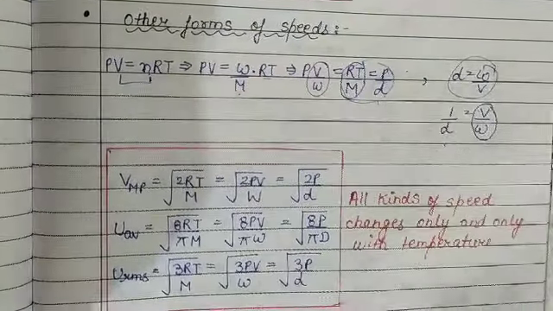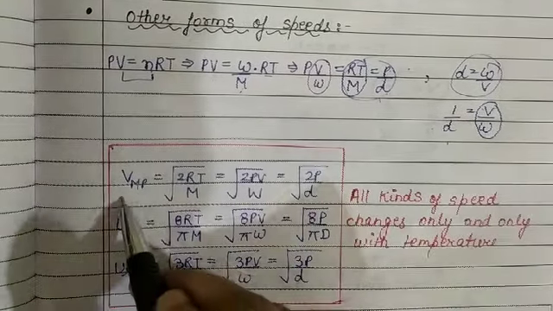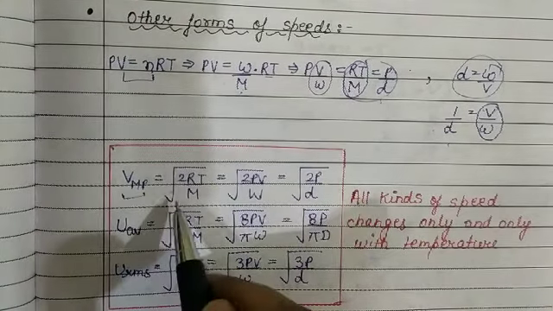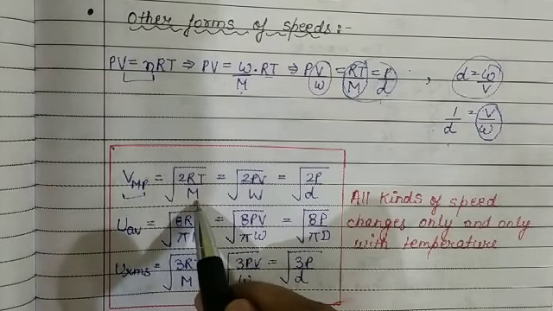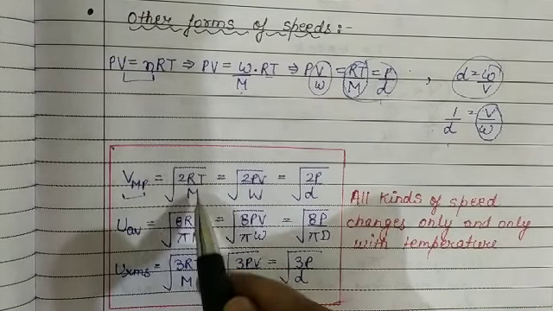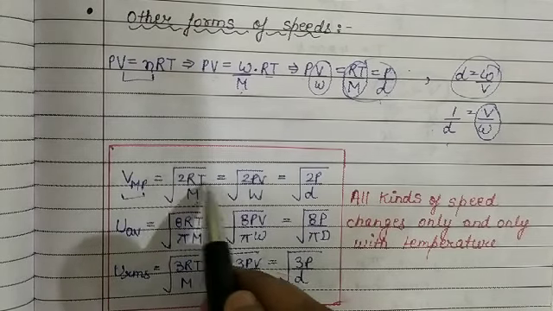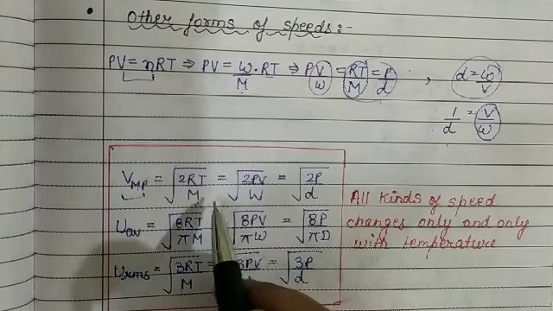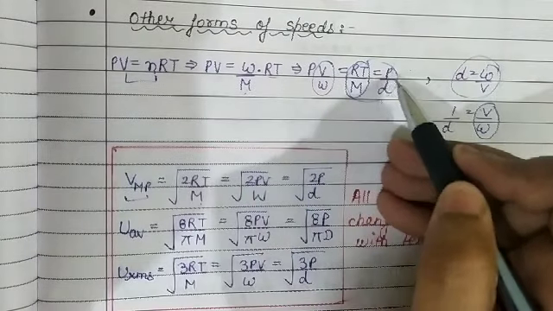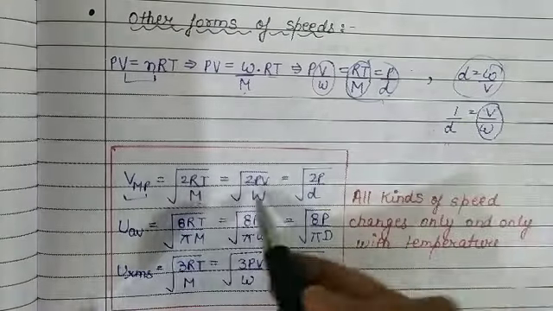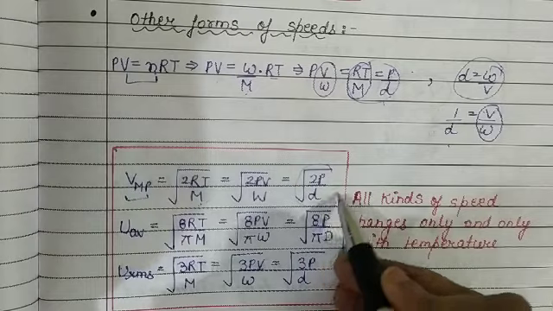As we know, the most probable speed is under root of 2RT by M. Now we can put RT upon M is equal to P by D. So now in terms of density, this is the formula.